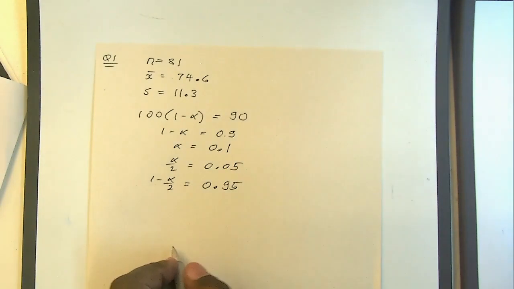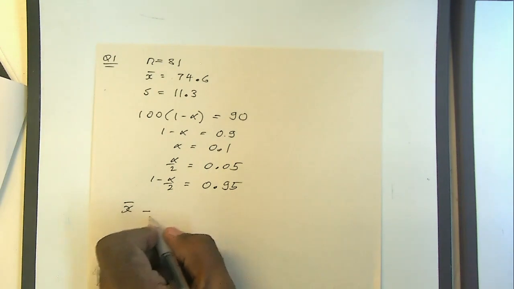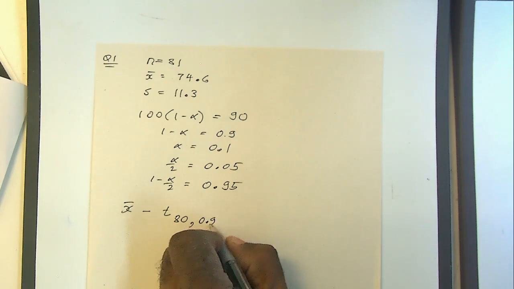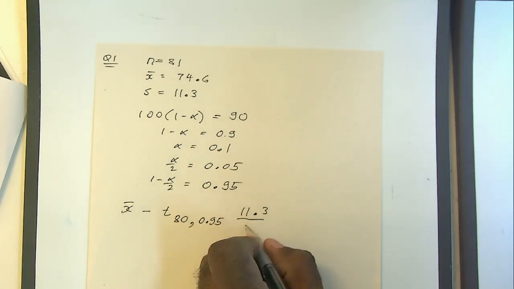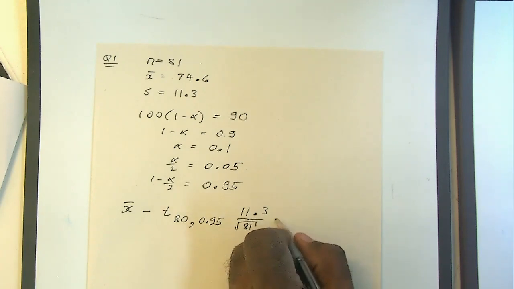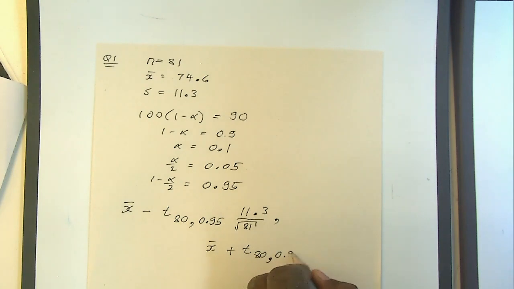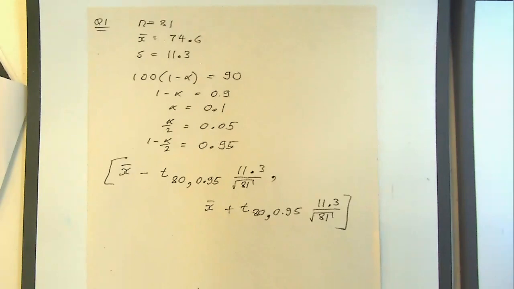Now using the formula, x bar minus t with n minus 1, which is 80, times s, which is 11.3, divided by the square root of 81, and x bar plus the same. This is the formula that I just showed you.